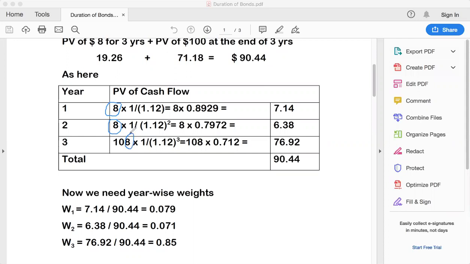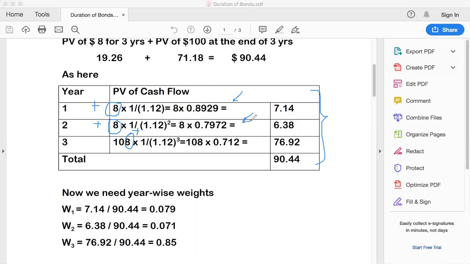So what happens if this bond is not paying this $8 here, $8 here, $8 here? That means this bond is a zero coupon bond then, and all the money is coming at the end of 3 years only. Now compare that zero coupon bond situation with the situation here. So what you find here is that some money is actually flowing in before the terminal value, before 3 years.